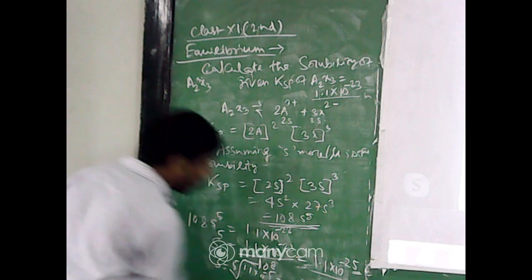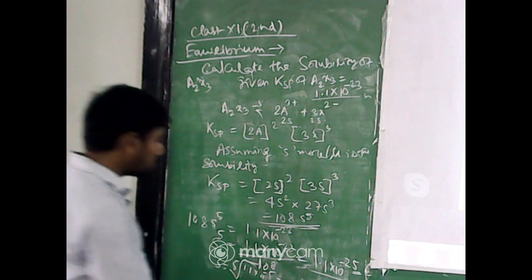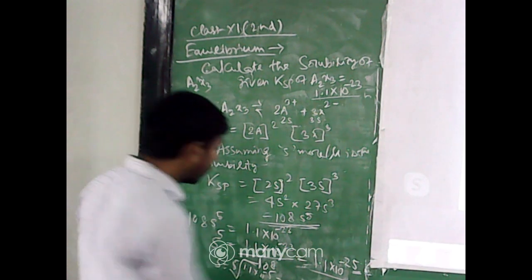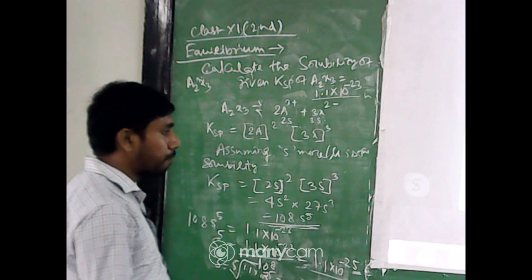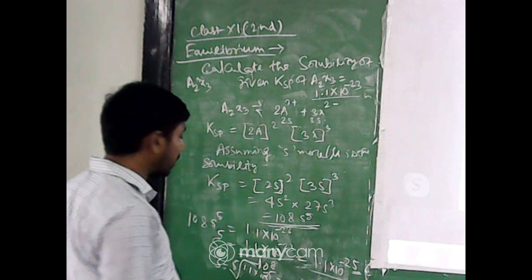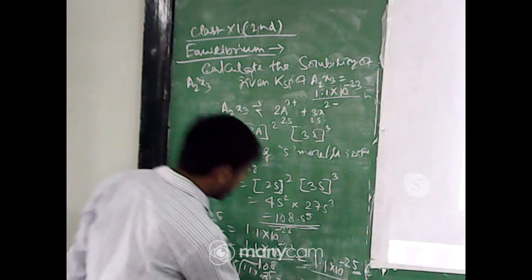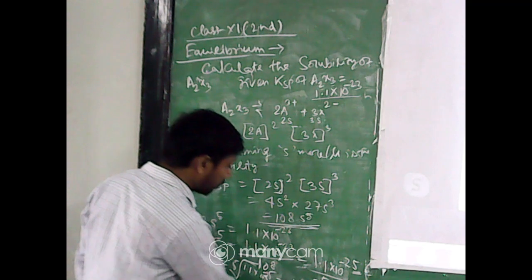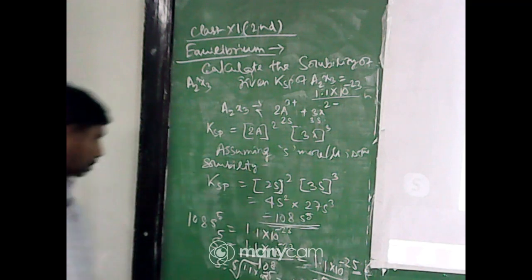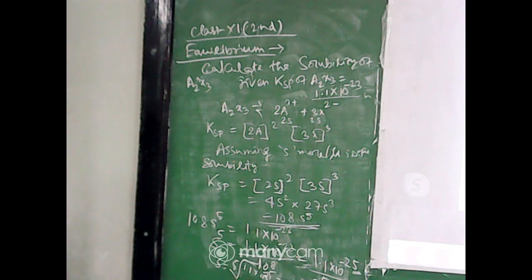Now 1.1 will be roughly 1, and the fifth root of 10 to the power minus 25 is 10 to the power minus 5. So S is equal to 1 into 10 to the power minus 5. That is the solubility. In this way we can solve problems regarding this.